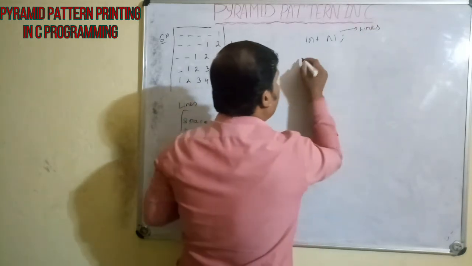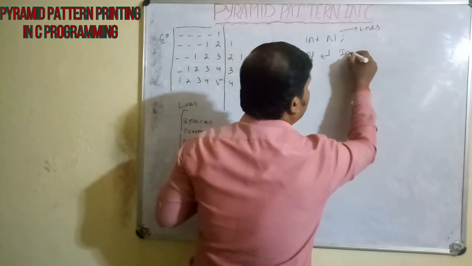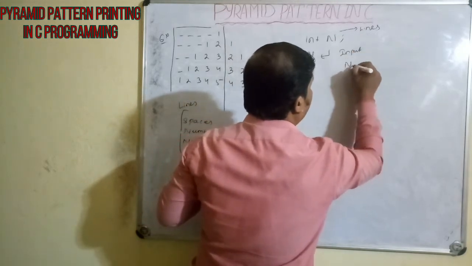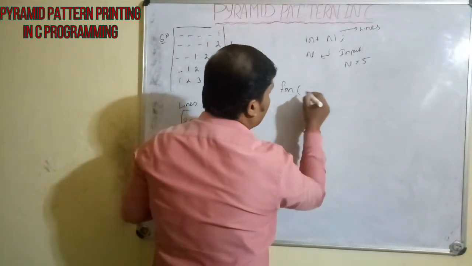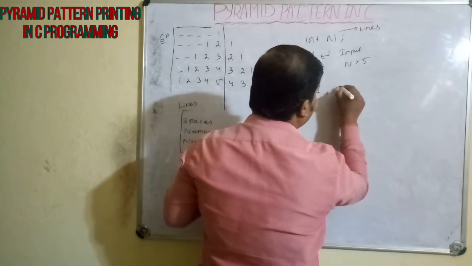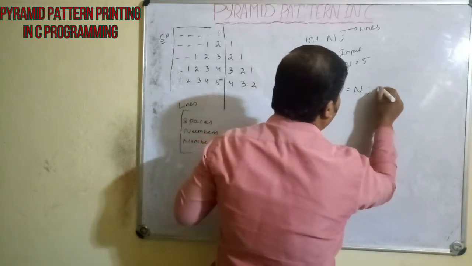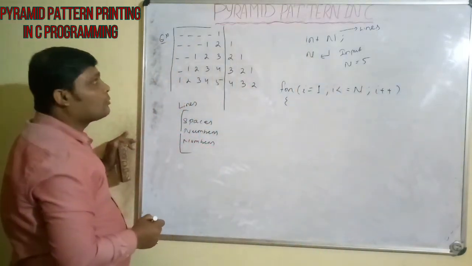Clear? Then suppose I am inputting the value of n. Suppose input, this is for input, and I am taking n value is 5, and I am taking one loop for line I equal to 1 and I less than equal to n I plus plus. Clear? This is for line loop.